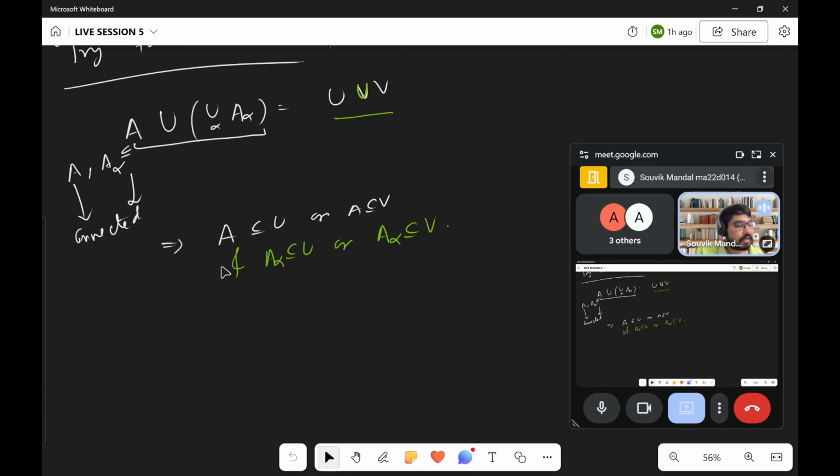Since both A and A alpha are connected, each of them can lie in either U or V. It cannot lie within both. This particular theorem we have seen in the last class, right?